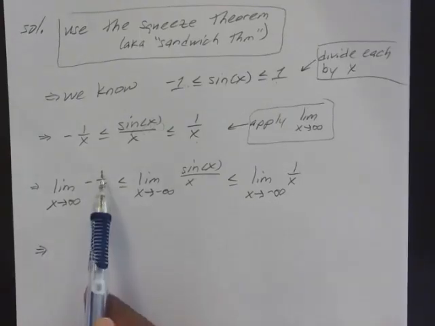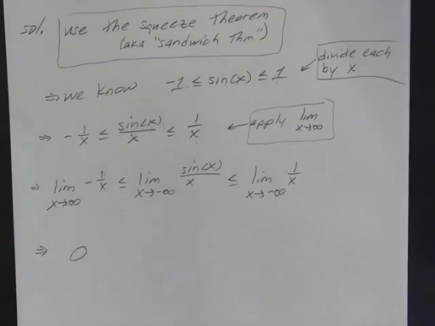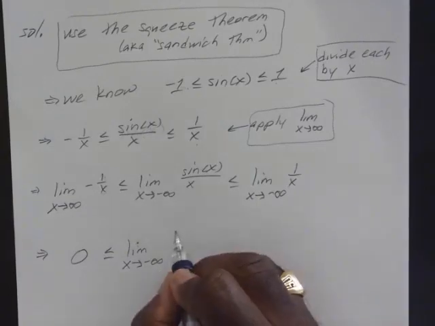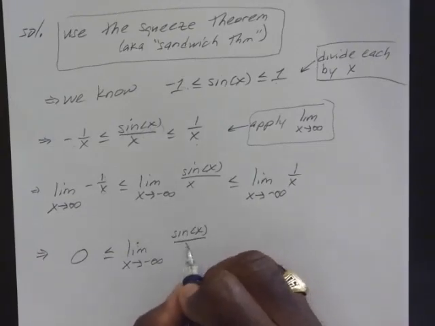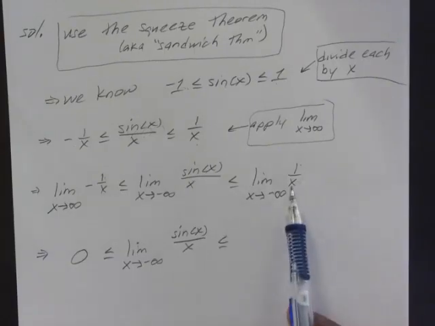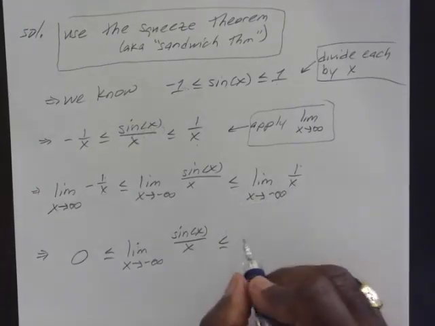So again, we know the limit of a constant divided by a number getting bigger and bigger and bigger is just going to be 0, which is less than or equal to the limit of sine of x over x, which is less than or equal to the limit of a constant divided by a number getting bigger and bigger and bigger. It's just getting really, really close to 0.